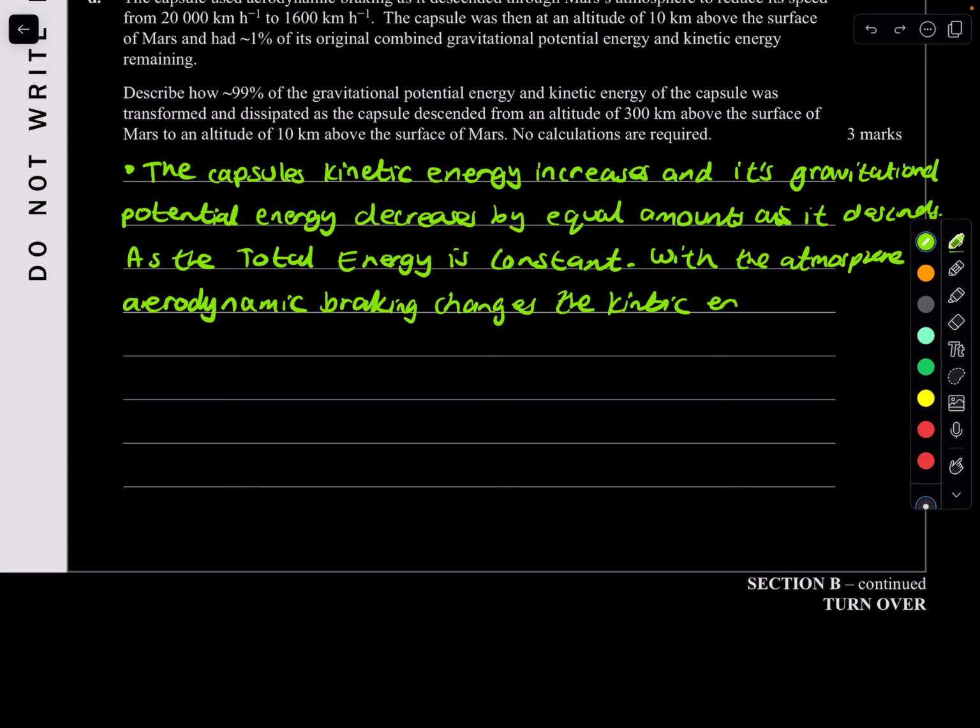Remember, it's specifically kinetic energy because of friction. We might think that the velocity is increasing because all of that gravitational potential energy had transformed, but because the atmosphere is pushing due to friction, the velocity is decreasing. So hence all that kinetic energy is being transformed to something. So that's what we're talking about.